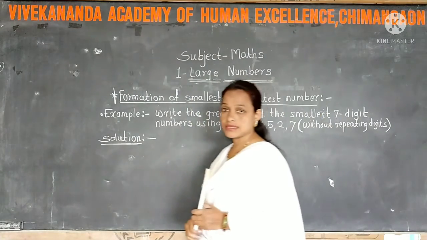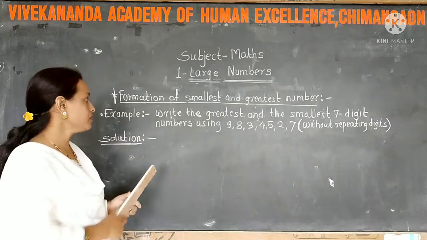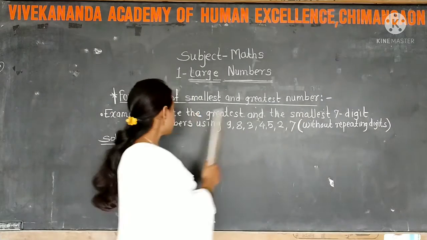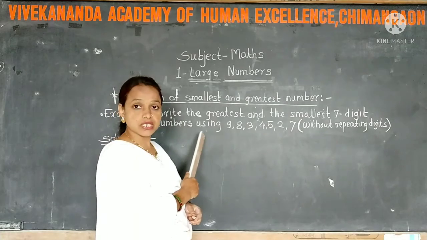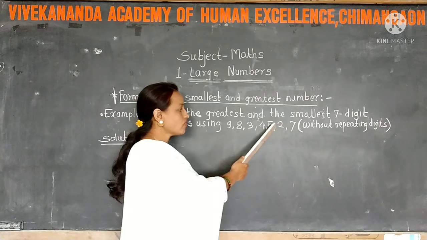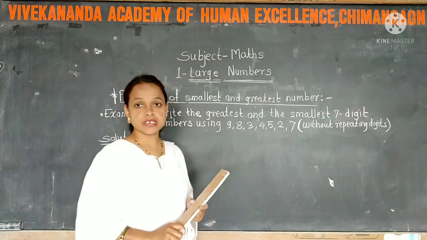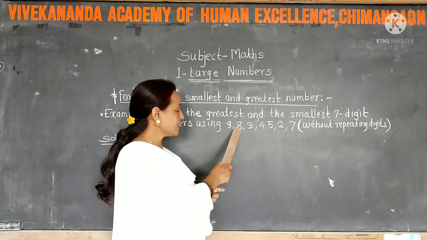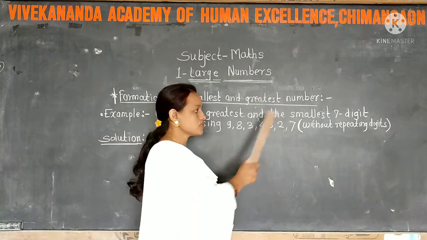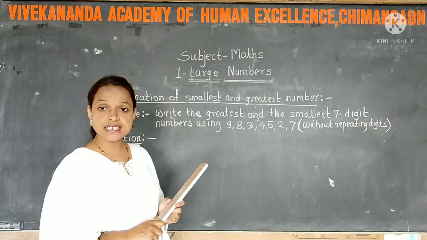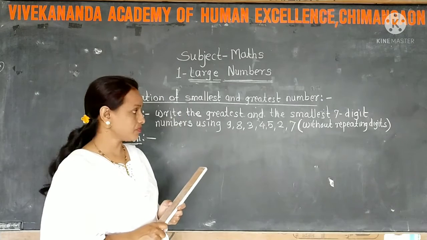Write the greatest and smallest 7-digit numbers using 9, 8, 3, 4, 5, 2, 7. Here 7 digits are given, and we have to write the greatest and smallest 7-digit number.